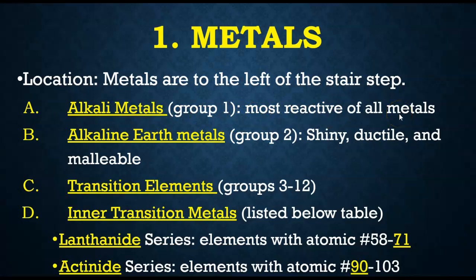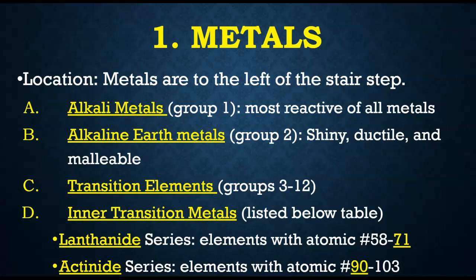So if you go all the way down at the bottom of the alkali metals, group 1, you're going to see francium. Francium is the most reactive metal. So reactive that it cannot even be exposed to any air because air has water in it. And if it touches water, it'll go boom.